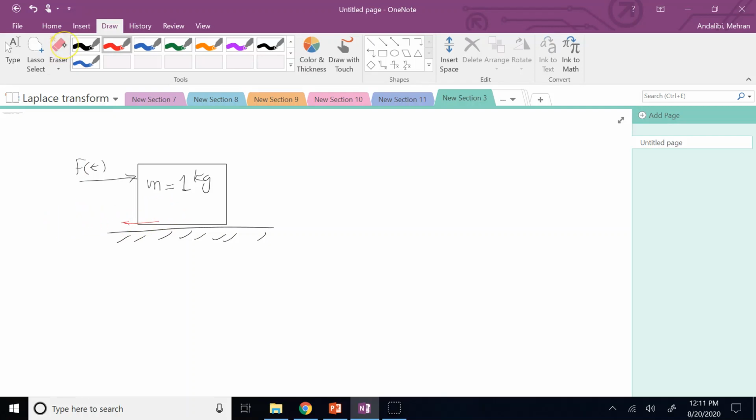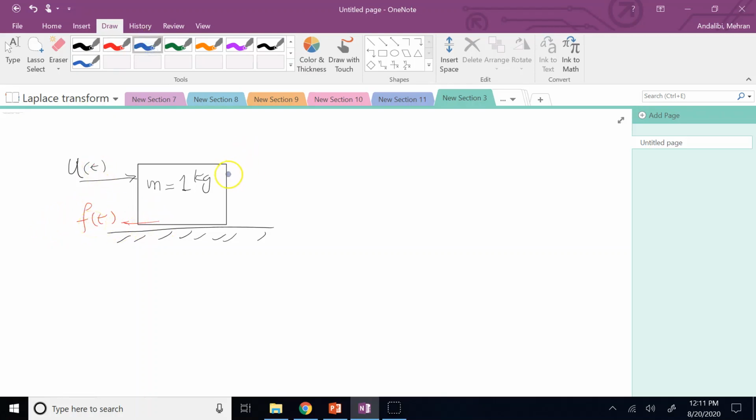Let me not call the external force F, let me call it something else, because I want to call friction F. So I call this U of t, and then this friction, which I can control the amount of, I call F of t. So both of these are inputs to the system.